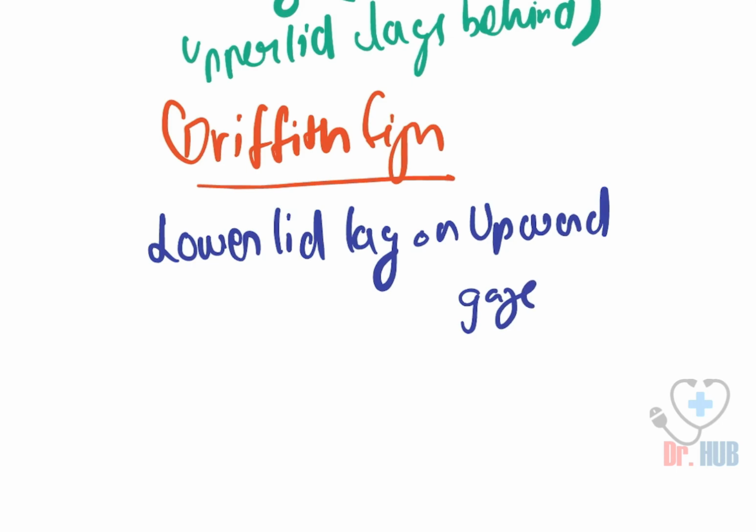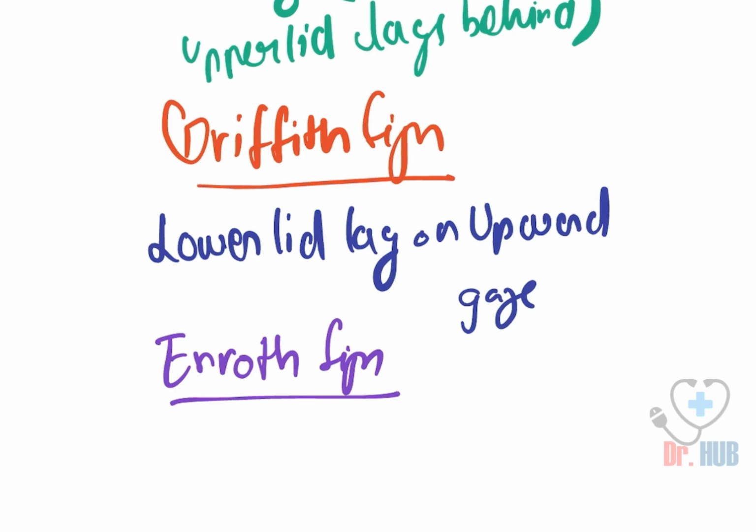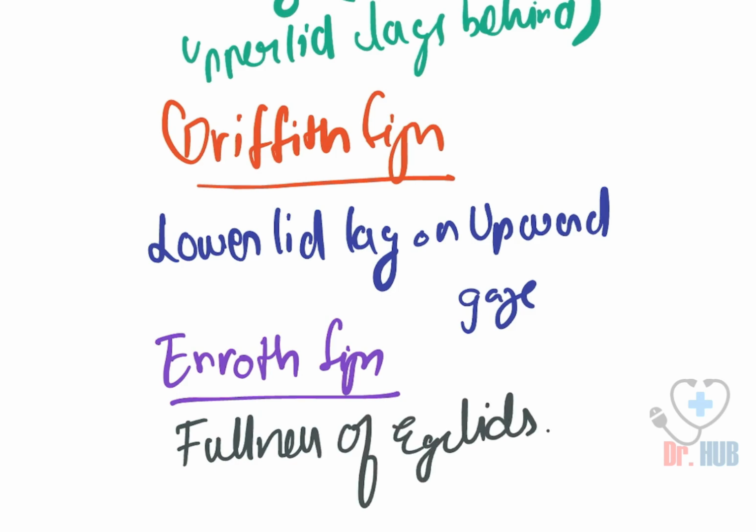Next we look at the Enroth sign. So what is the Enroth sign? It is nothing but the fullness of the eyelids.